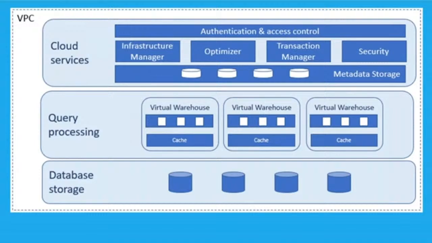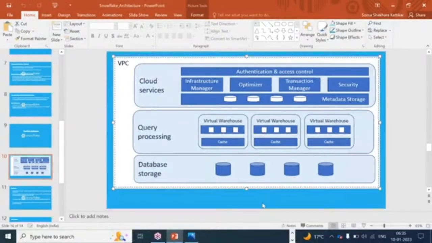You just can't see those physical devices. I will show you how to create virtual warehouses and how they look. You need to create a virtual warehouse. It is also one of the objects in your Snowflake, like how you create a table. You are going to create virtual warehouses. Fine, okay, guys.